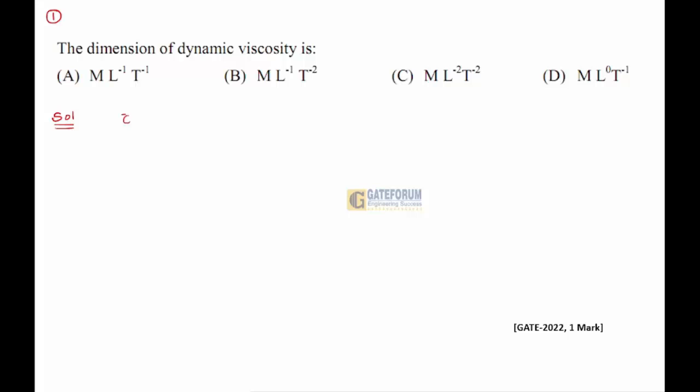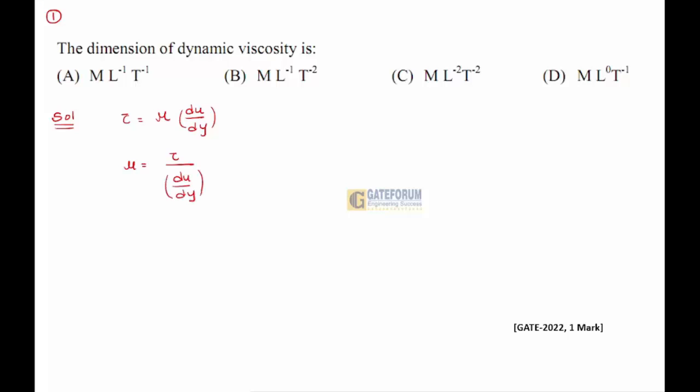For Newtonian fluids, shear stress tau equals mu into du by dy, where du by dy is called shear strain rate or rate of shear strain, and mu is the coefficient of dynamic viscosity. So mu is equal to tau by du by dy.